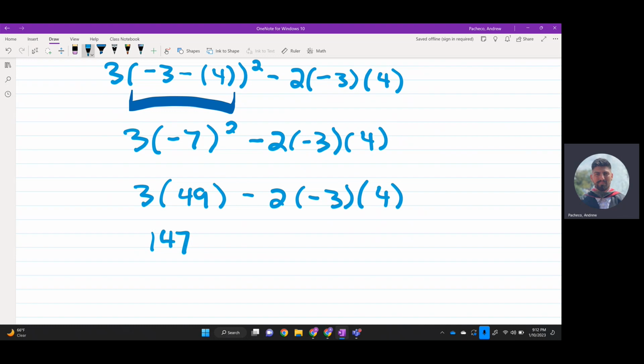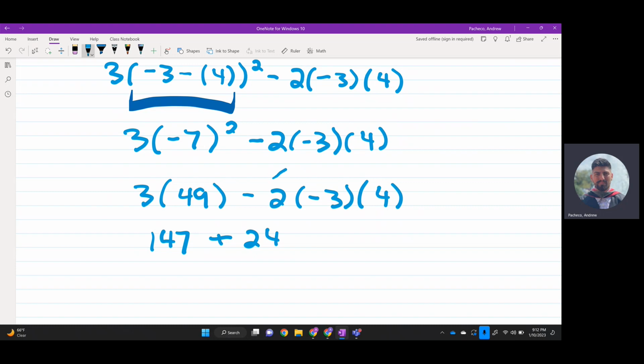I'm going to go -2 times -3 times +4. I keep writing it wrong in my calculator. -2 times -3 is going to be 6. 6 times 4 is going to be 24.